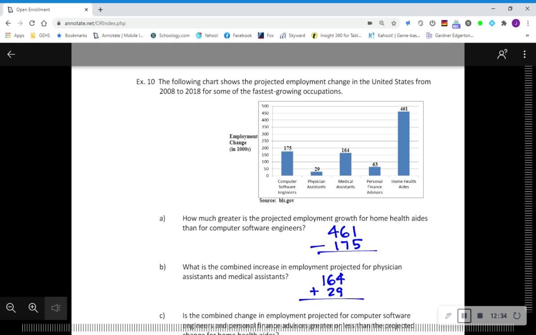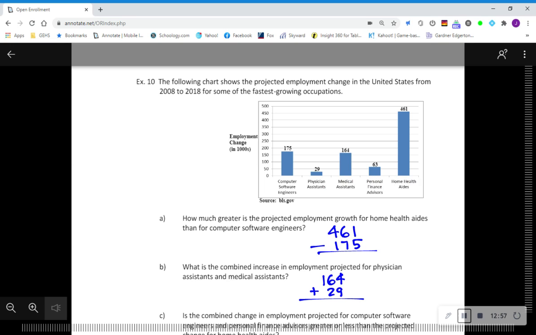So this is a 10-year period. And the employment went up in these specific fields, especially in this last one, home health aides. So we have computer software engineers, physician's assistants, medical assistants, personal finance advisors, and home health aides.